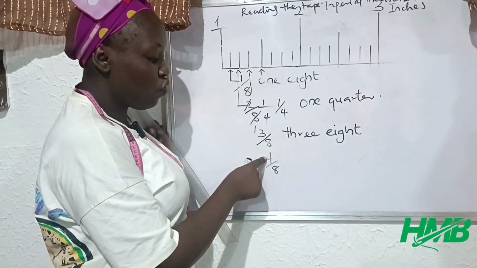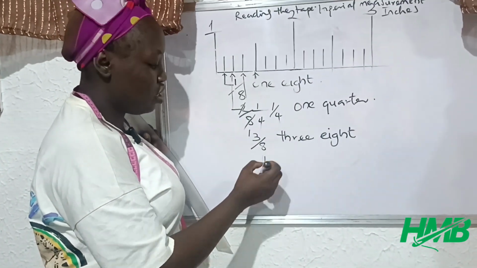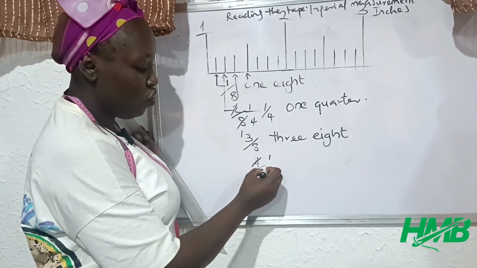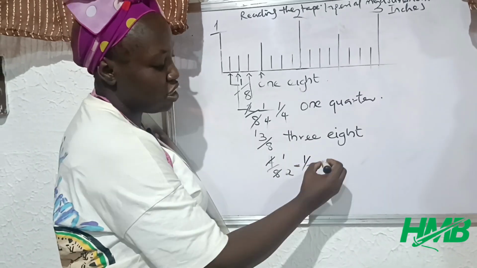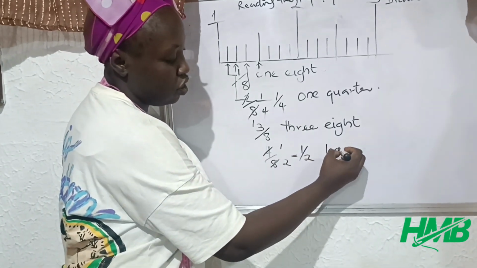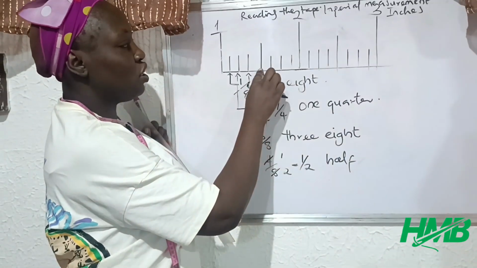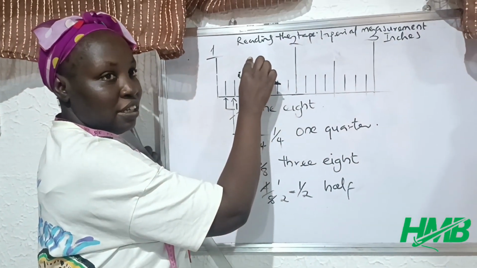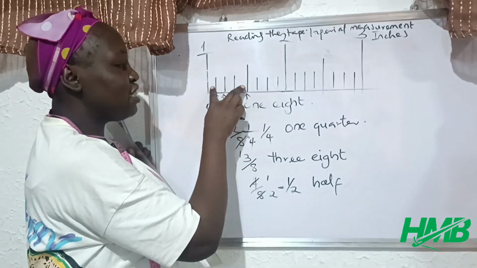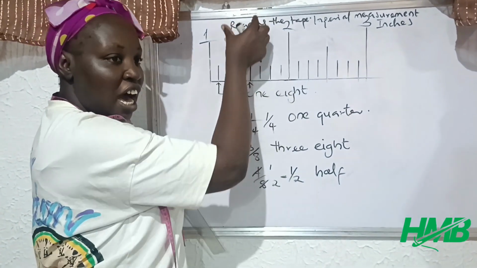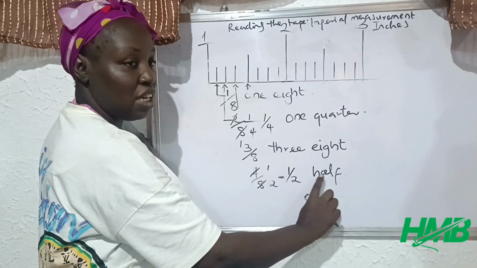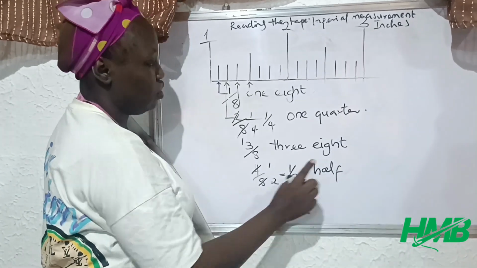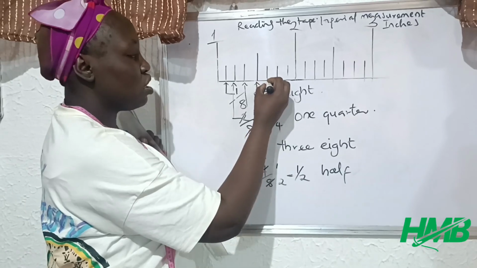No. So 4 can go into 8. 4 will go here 1, 4 will go here 2. That is 1 over 2. That is 1/2. So that's why this one is longer. Because it's the one that is dividing this side, and it is the half of that length. So that's why we have it as 1 over 2. That is half.